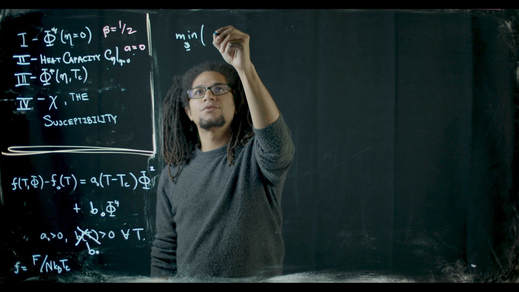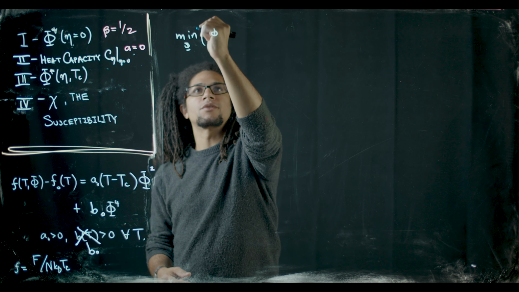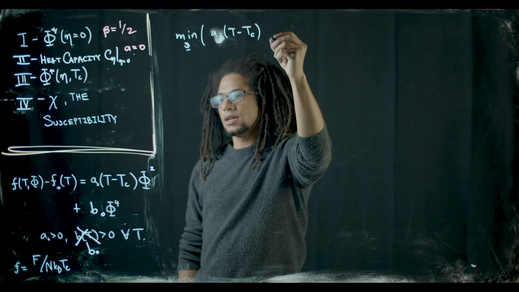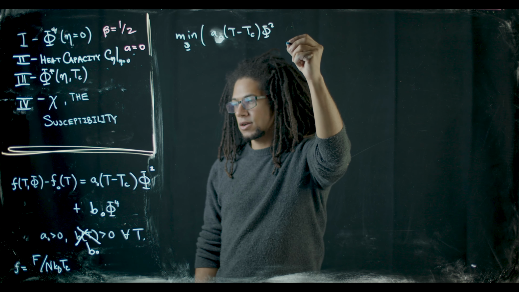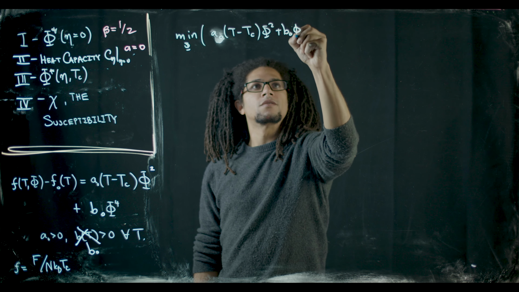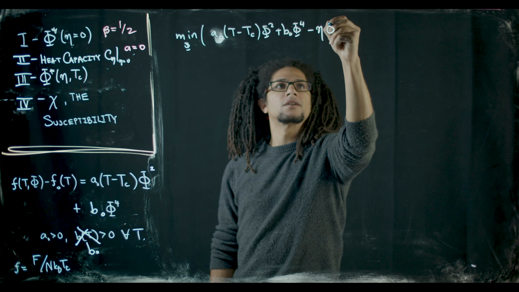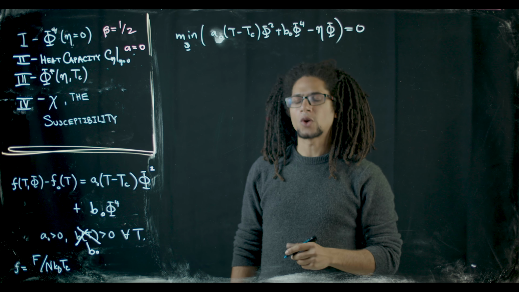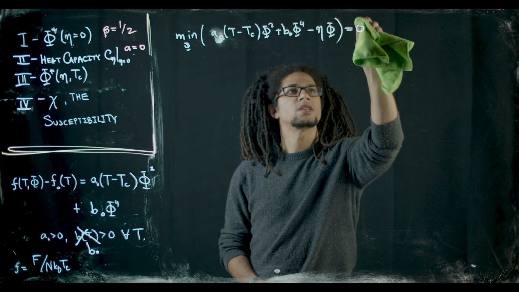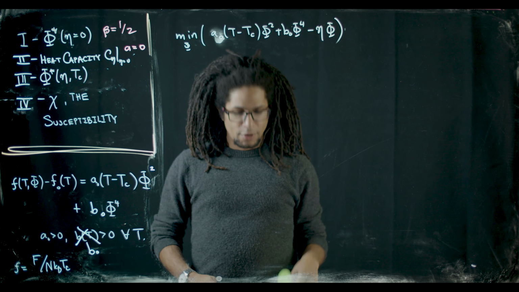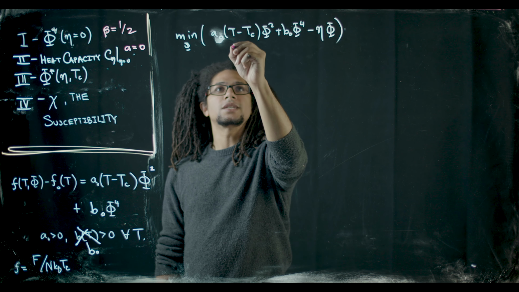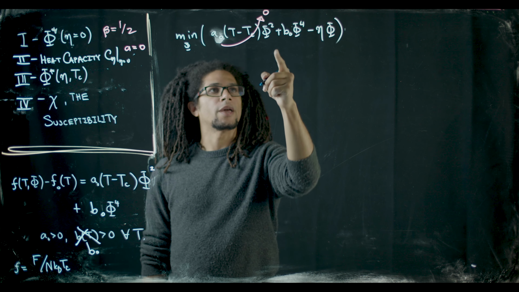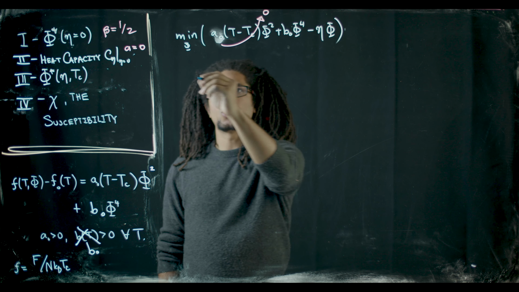Now we're going to have a_0 (T minus T_c) phi squared plus b_0 phi to the 4th, but now minus eta phi is equal to 0. Sorry, not equal to 0 yet. Jumping the gun here. But look at this. Because we're at T equal to T_c, this term just goes away.